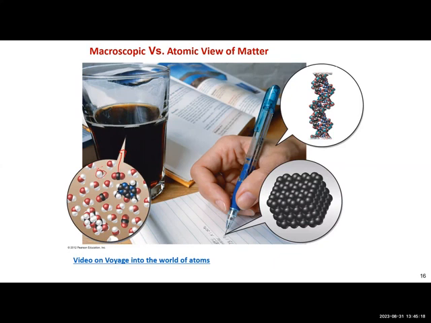It's made out of carbon dioxide, water, and sucrose. Sucrose is a sugar. You drink it often, but we never think about carbon dioxide and sugar, and we never think about the atomic view. But when you solve problems, you need to look at it.